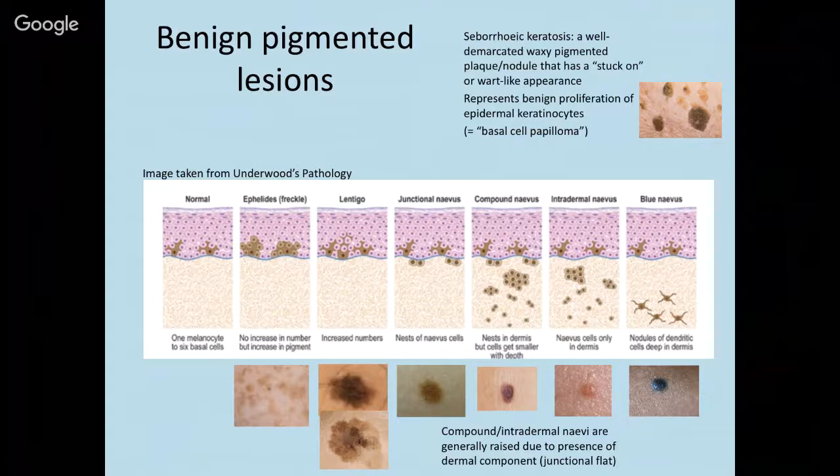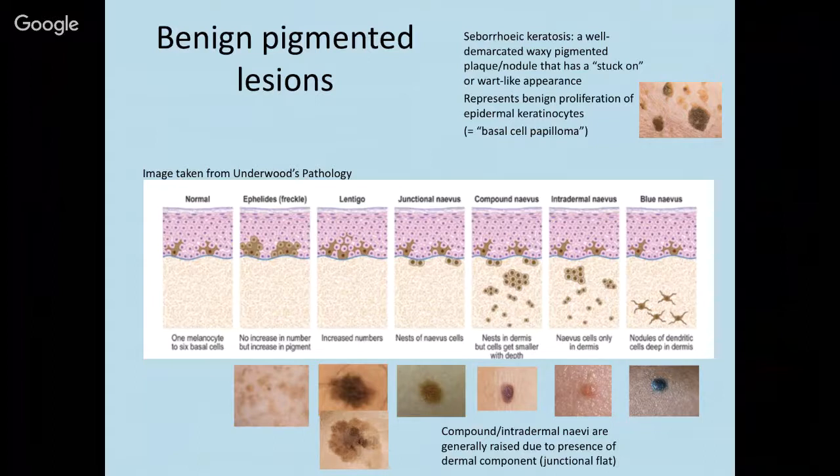What can happen as well in a lot of lesions, a nevus, also called a mole, is you can get nests of melanocytes that lose their dendrites and become larger with more cytoplasm and more granules, and they clump together in these nests. They're then called nevus cells. They're still melanocytes. When those nests are at the dermo-epidermal junction, it's called a junctional nevus, and that's often quite flat and pigmented.